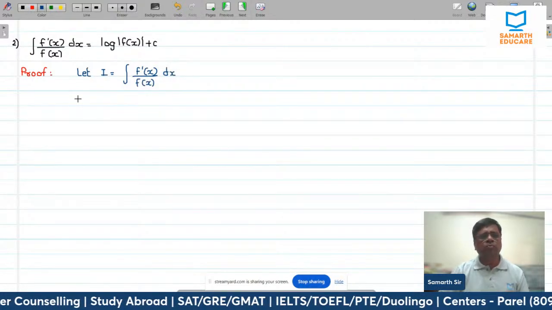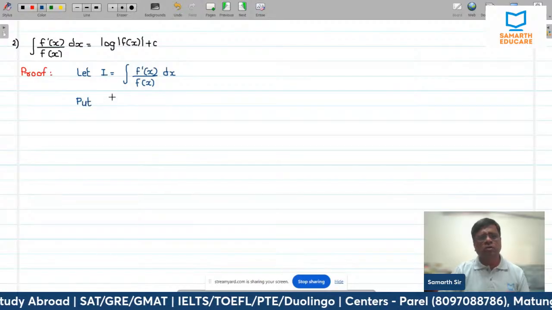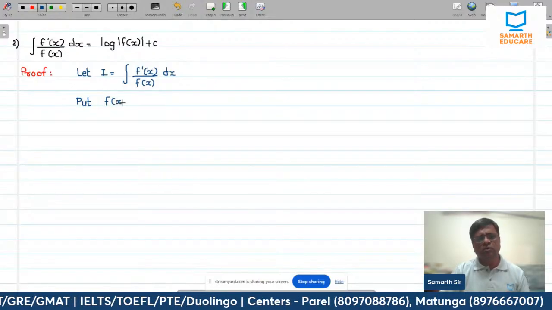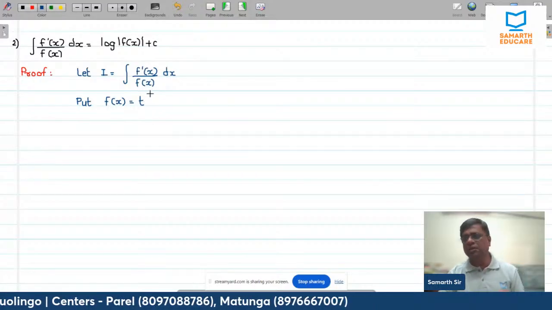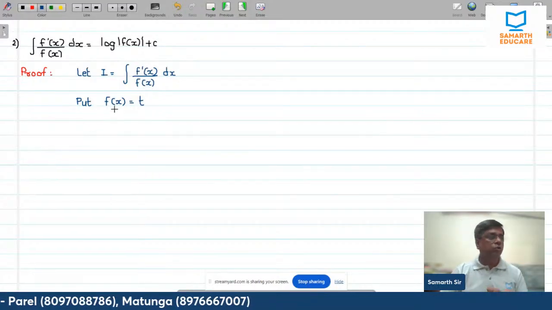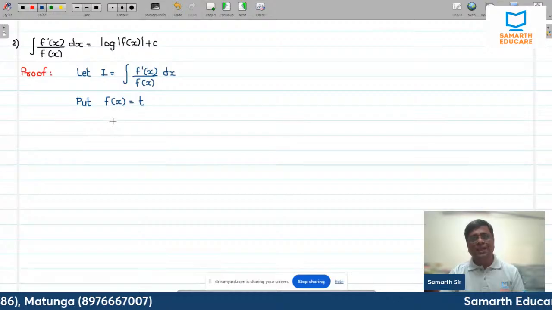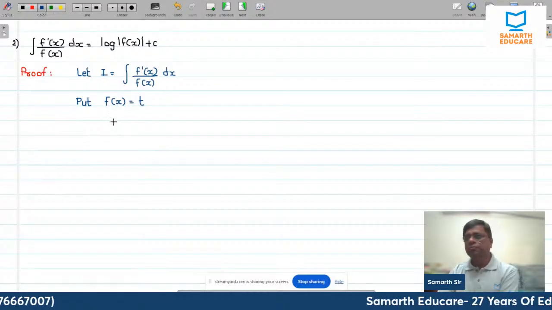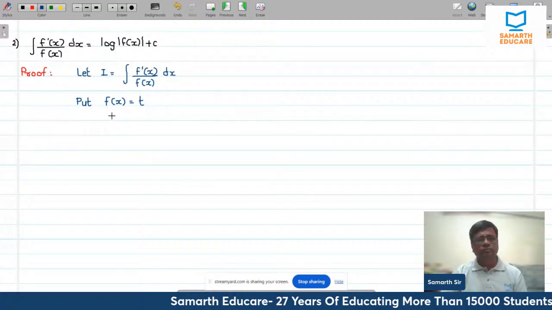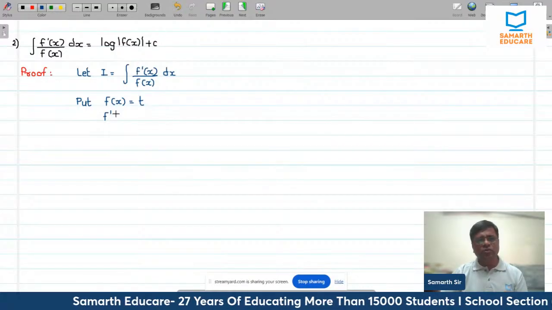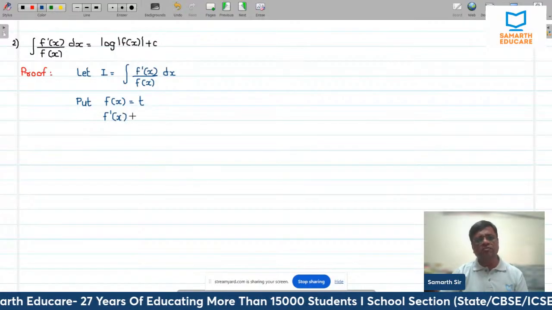Okay, now I'll put f of x equal to t. जो भी फंक्शन f of x है डिनोमिनेटर में, उसको मैंने t कंसीडर किया है. राइट, नाउ लेट्स से अगर मुझे इसका डेरिवेटिव लेना है, तो f of x का डेरिवेटिव क्या है, f dash x.